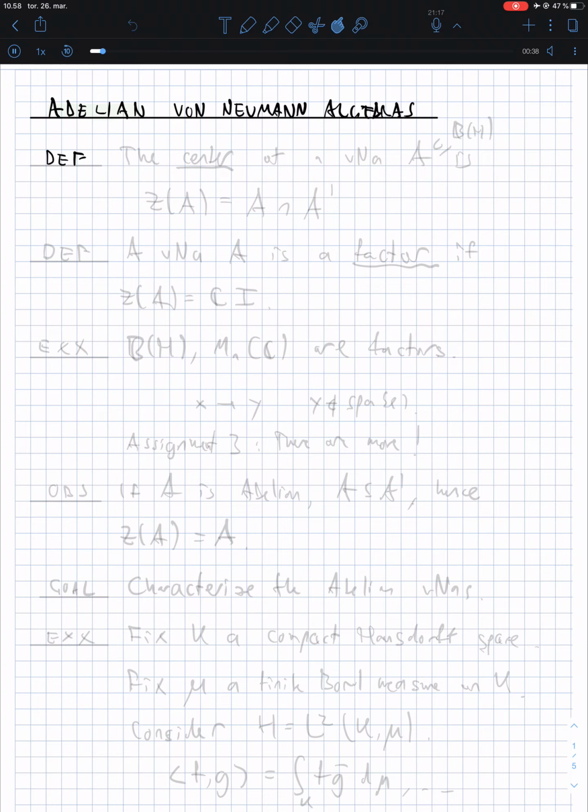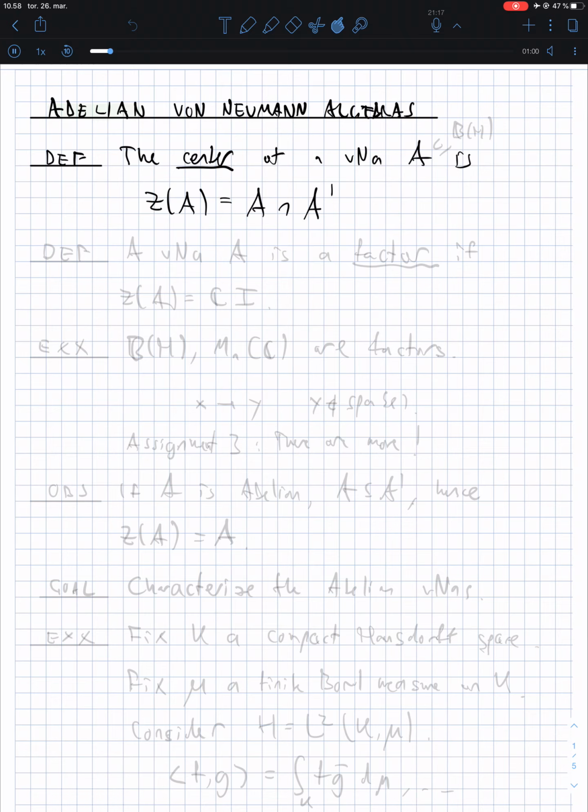So first, we'll say that the center of a von Neumann algebra A, it's also often called Z(A), is defined to be the intersection of A with A prime.